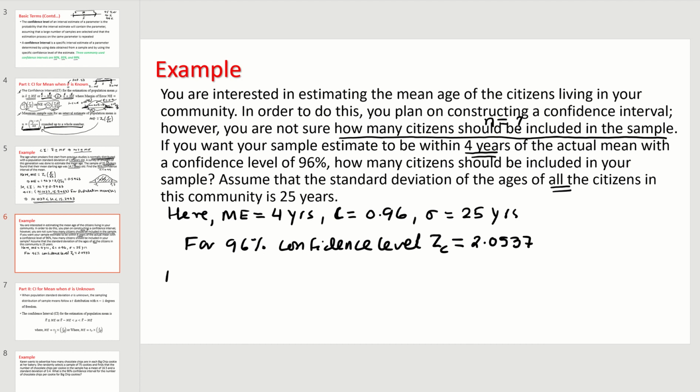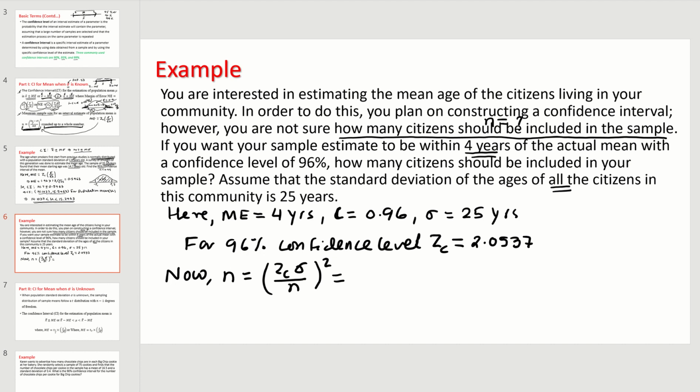Let's use the formula for n. What you know is n is equal to z sub c times sigma divided by the margin of error, quantity squared. Whatever value you get, you round it to a bigger whole number.